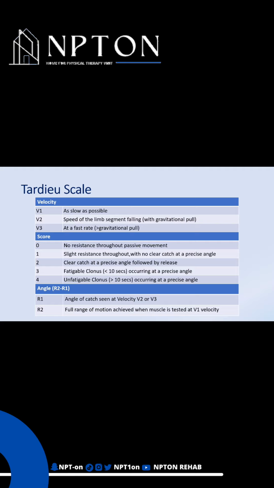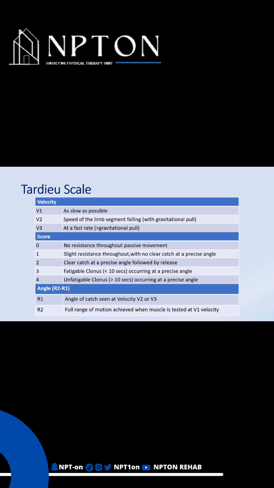And the clinician or the physical therapist is going to score the spasticity from 0 to 4. 0, no resistance throughout the passive movement, and 4 is unfatigable clonus, occurring at precise angle for more than 10 seconds.